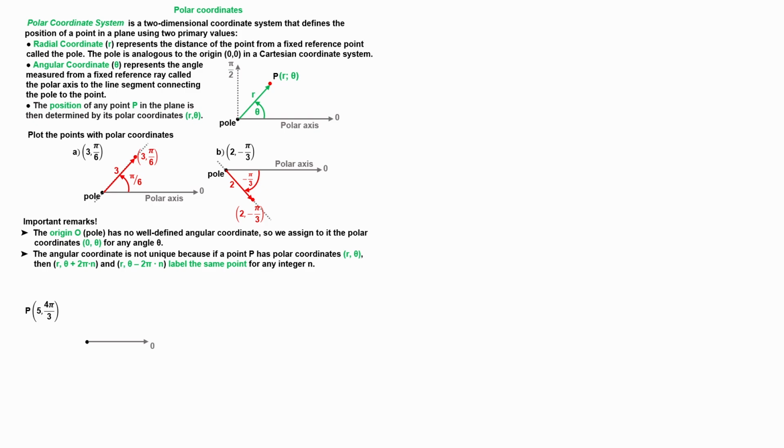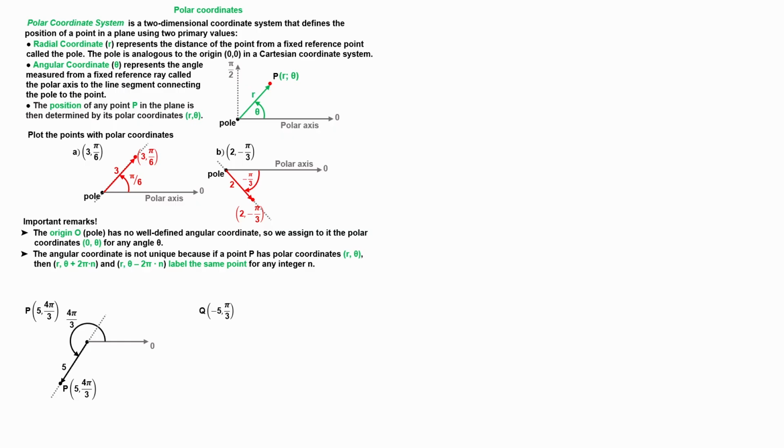The point P can be reached by turning 4 pi over 3 radians counterclockwise from the polar axis and drawing a line segment from the pole in that direction. After that, along this line segment, measure a distance of 5 units from the pole to locate the point P.